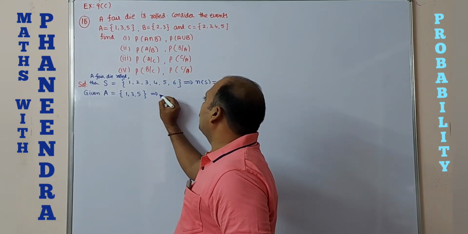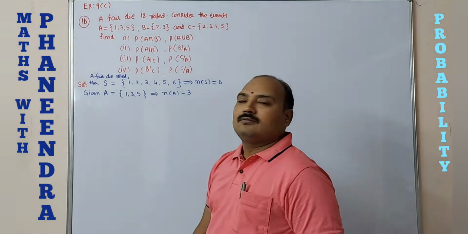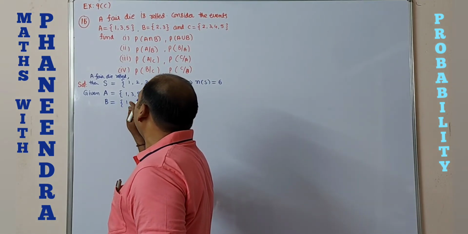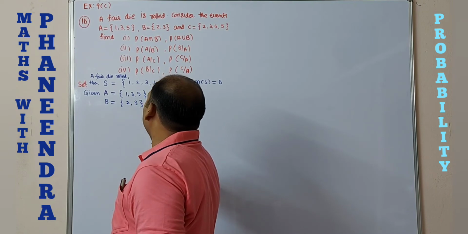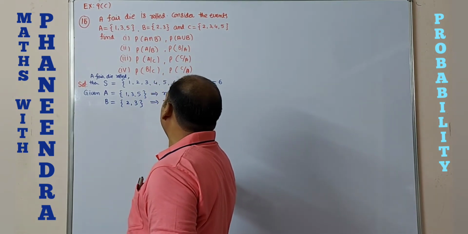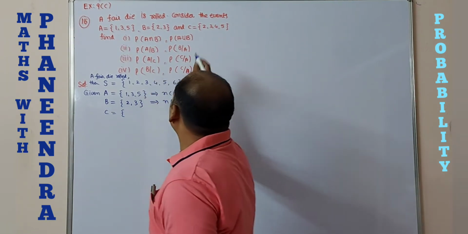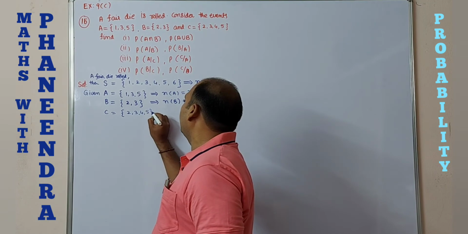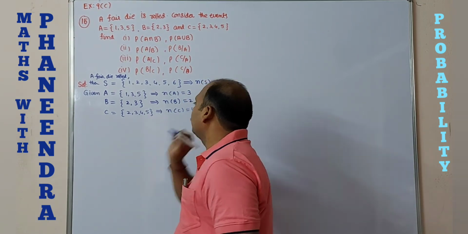So n of A, how many possibilities are there here? 3 possibilities are there. Next B, how many possibilities are there? 2, 3. 2 possibilities. Therefore, n of B is equal to 2. C is equal to 2, 3, 4, 5. So n of C is equal to 4.